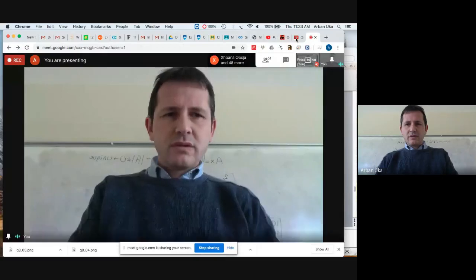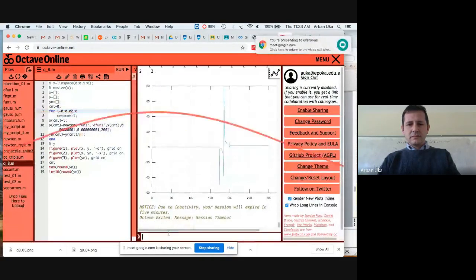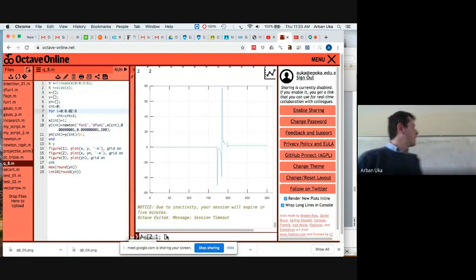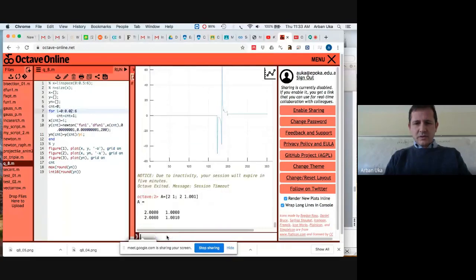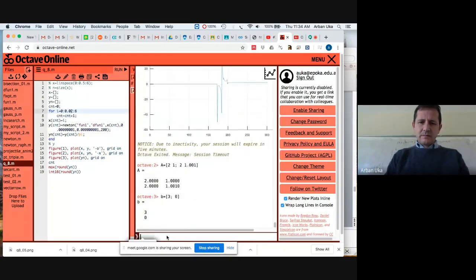Is 2, 1, so we can say here is 2, 1. The other values, they were 2. So this is A. The B can be equal to, this was 3, 0. And we can try to find the answer.